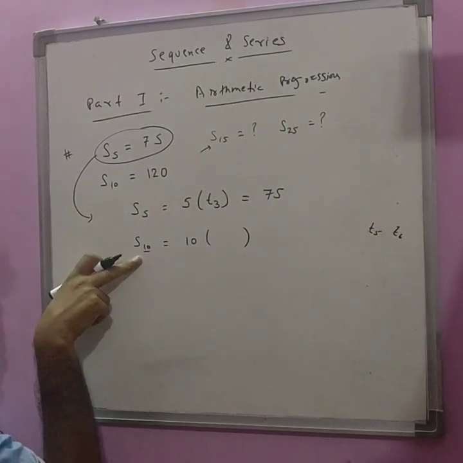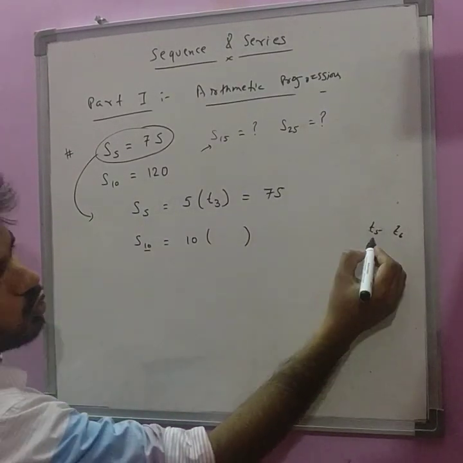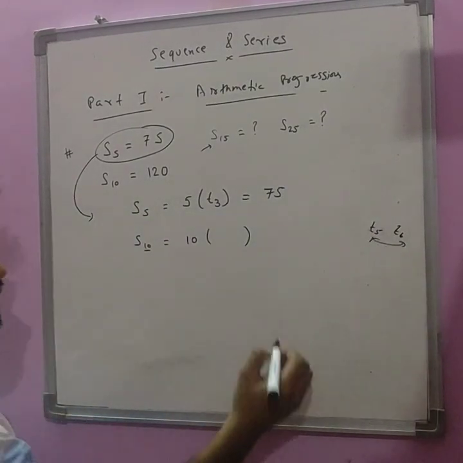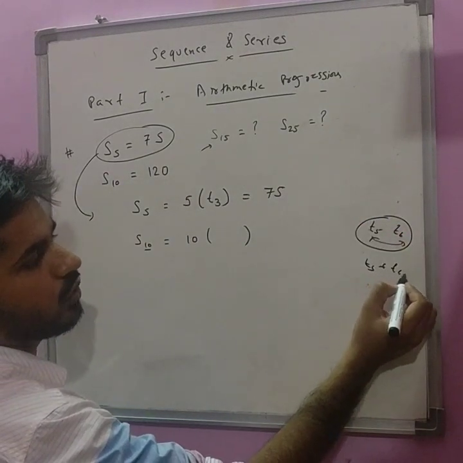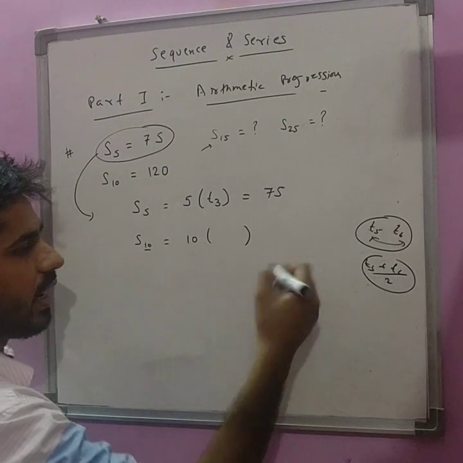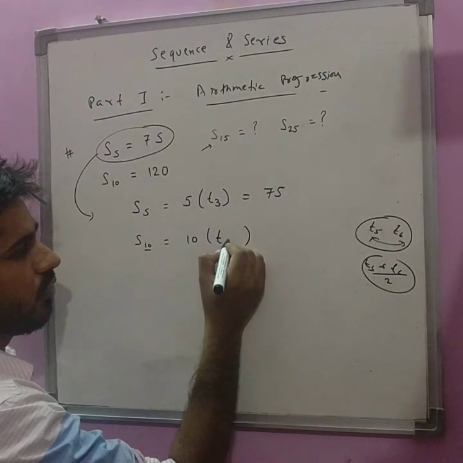In the series of 10 terms, the middle 2 terms are T5 and T6, and you have to find the average for this. So T5 plus T6 divided by 2, or I can write it as T5.5.